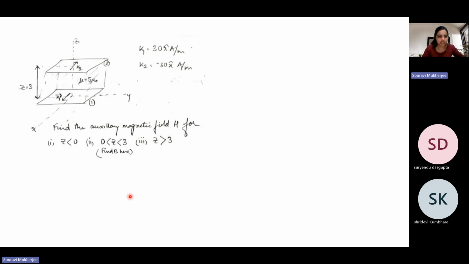To start with, what do you think the field will be, based on whatever we have discussed so far? We have already done a question similar to this. Can you tell me how to approach the question, or what the values will be? Just any idea? You can also write in the chat box if you want.